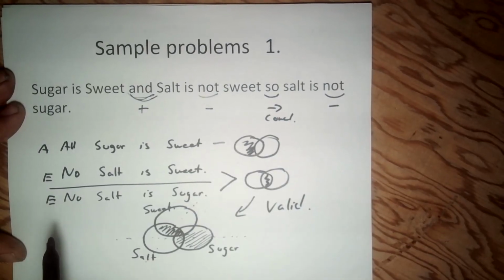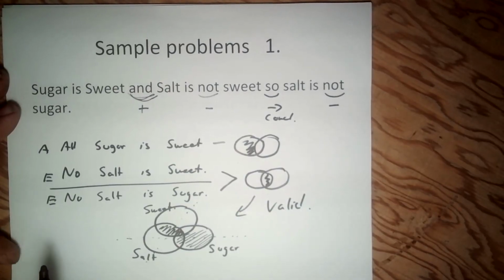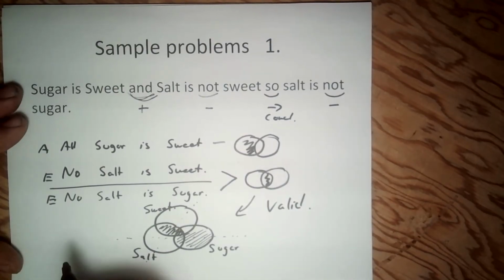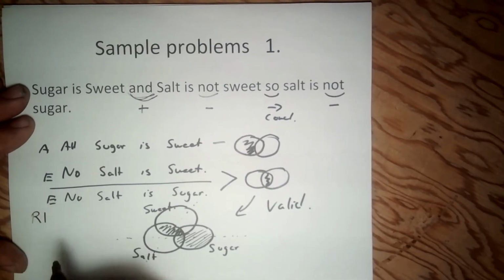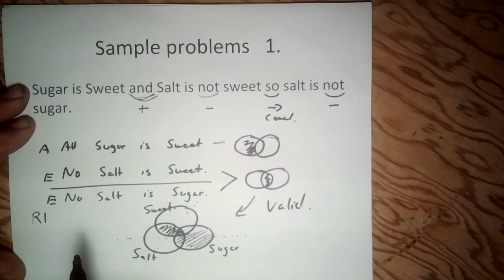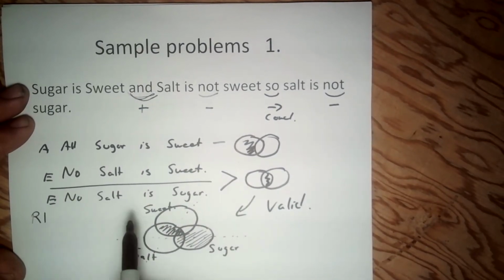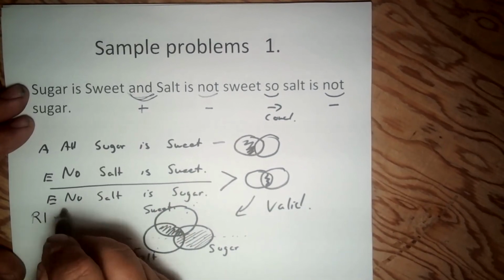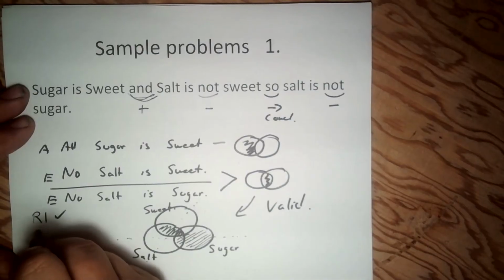Now, if we want to check our rules, we would probably want to remember what they are. So let's go through them. We'll just very quickly remind ourselves. The first rule is that you have to have three terms, each occurring twice. If you want to think about that as a well-formed syllogism, that's fine, but we satisfy that rule.